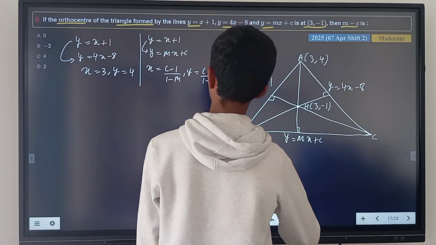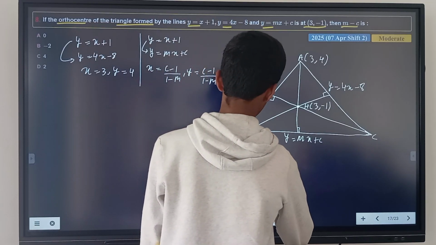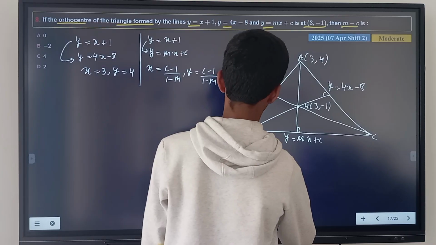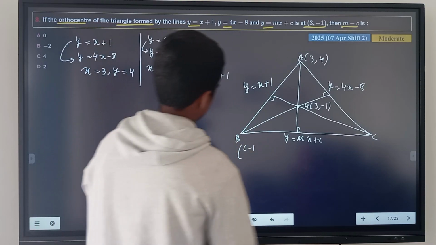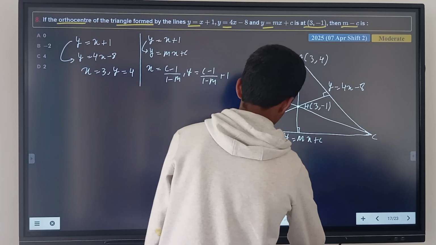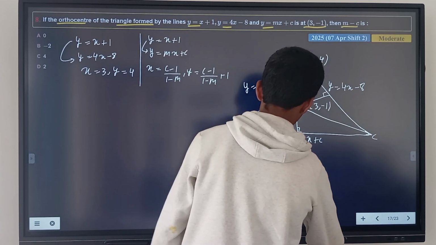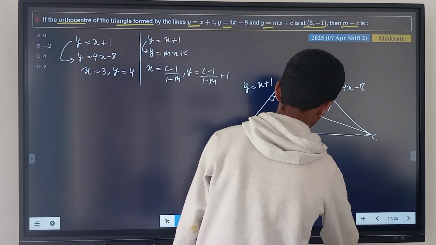So our point B will be (c minus 1 upon 1 minus m, c minus 1 upon 1 minus m plus 1).